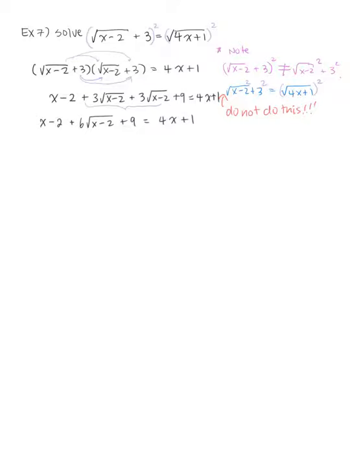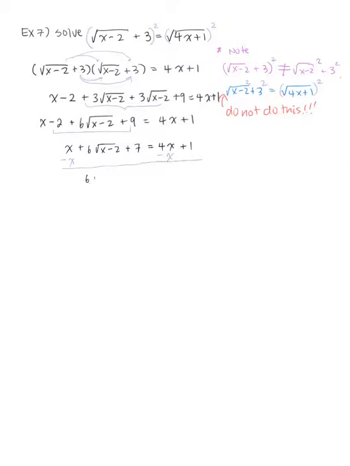So first, let's isolate that square root of x minus 2, maybe on the left hand side. But first, can I not combine the negative 2 and then plus 9? So let me just simplify a little bit. So we got x plus 6 square root of x minus 2, and then we got plus 9 minus 2, so plus 7 equals 4x plus 1. Alright, so now I'm going to subtract x from both sides.